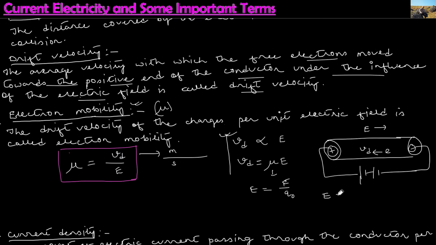Also, electric field can be defined as the gradient of the potential, dV by dr. We have discussed this.